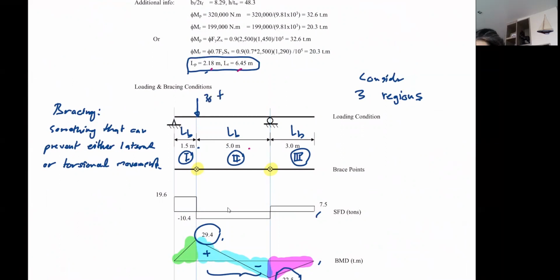30 tons here. We shouldn't have a moment. We don't have a load, right? We shouldn't have anything. That's 7.5 tons. Is that some kind of glitch? Let me check this.